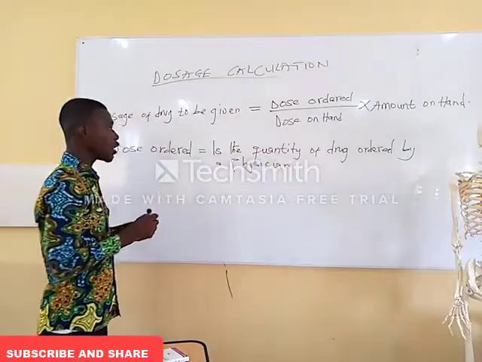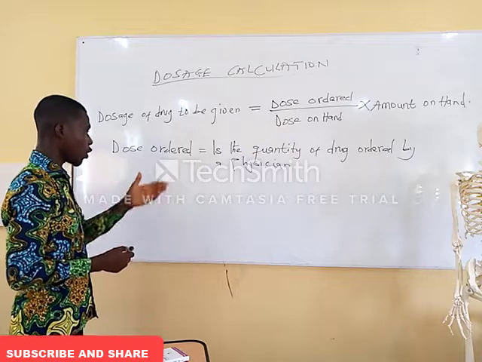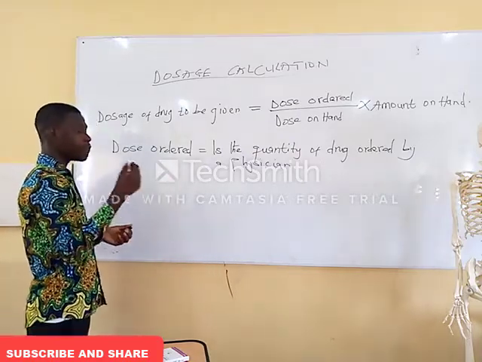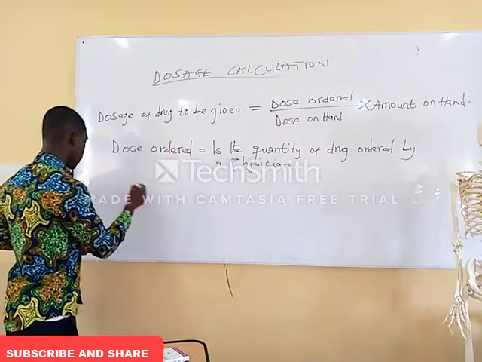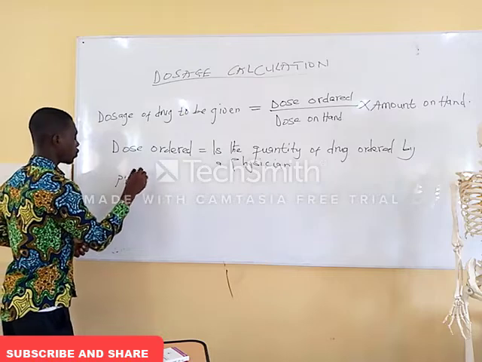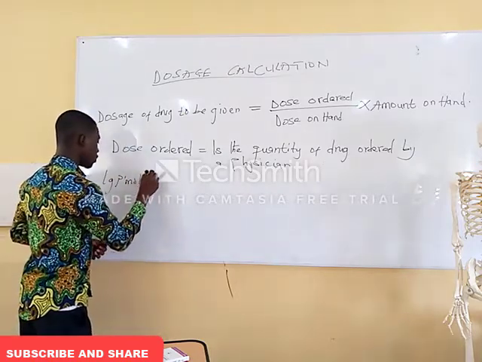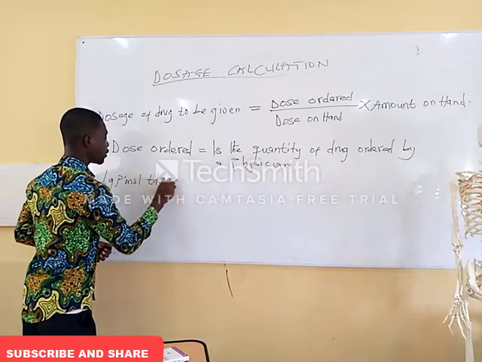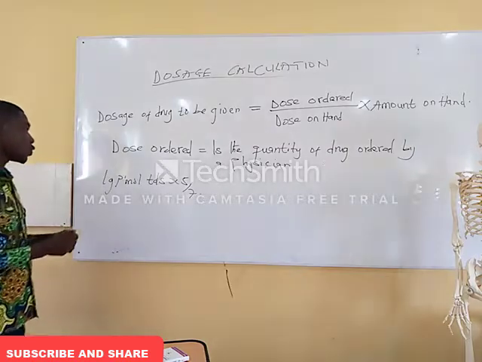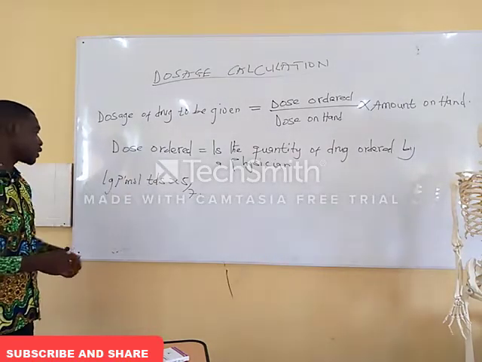So when you go to the ward, a prescriber or a doctor may tell you or write in the patient's folder: give paracetamol, 1 gram of paracetamol, three times daily for five to seven days. The physician will write something like this.